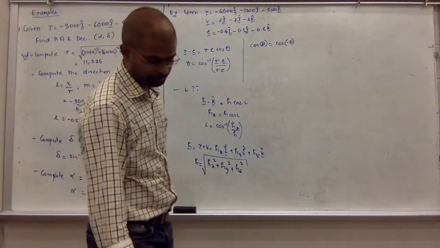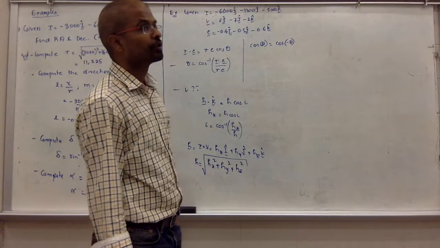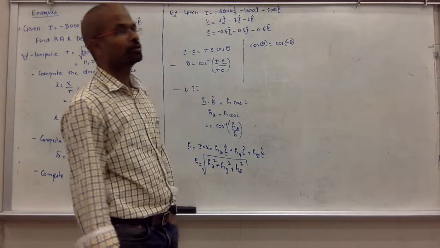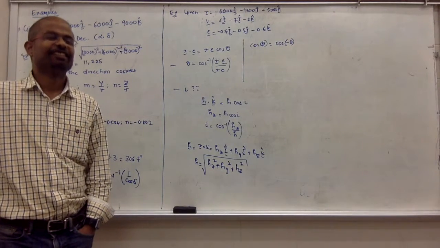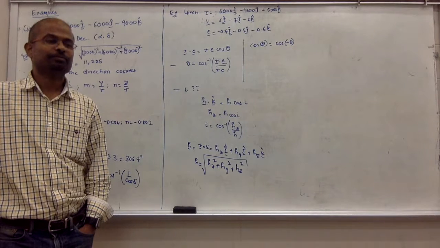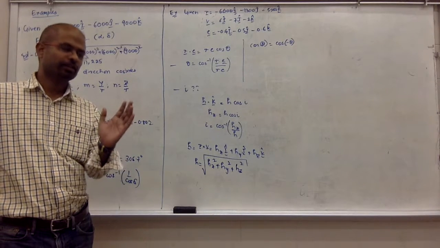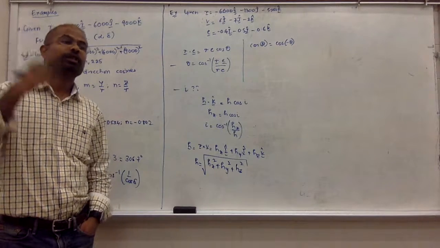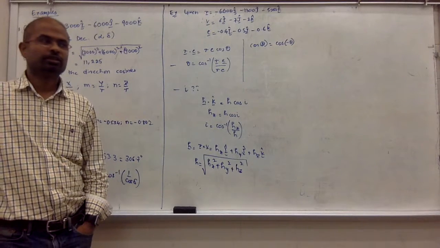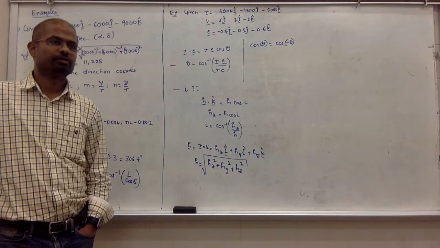You've discussed this in class. Because the angle is from 0 to 180. It again depends on, if you change the direction and look at it this way, then the angle changes.